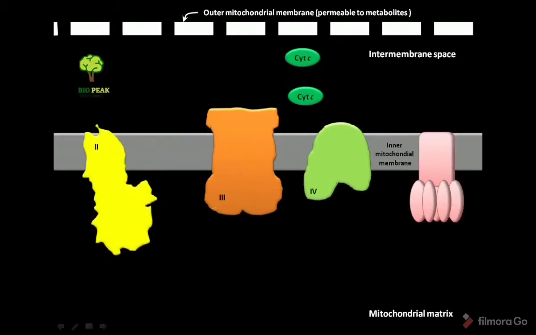Now, let us discuss what happens to the FADH2 electrons in the ETS. During the TCA cycle, succinate dehydrogenase oxidizes succinate to fumarate with the release of 2 protons and 2 electrons. This reaction generates FADH2. This succinate dehydrogenase is one of the 4 subunits of complex 2.